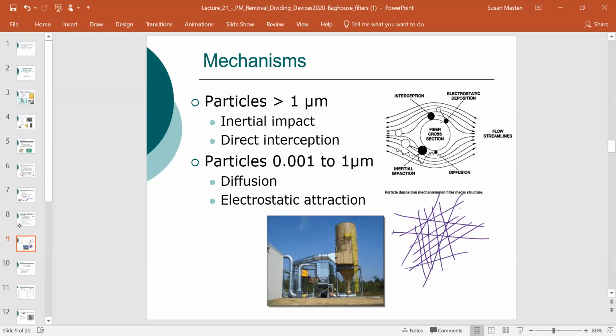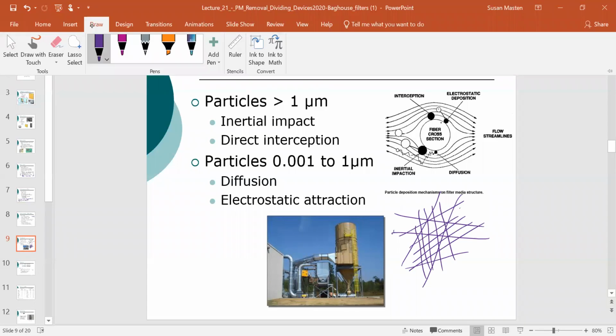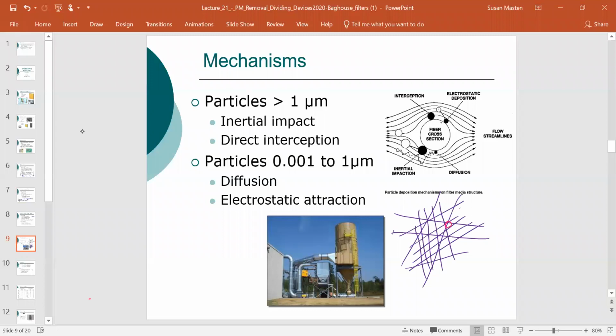When we're talking about sieving, we're talking about these large particles that are actually blocked from moving through the filter itself.